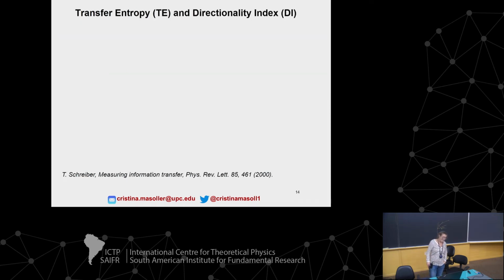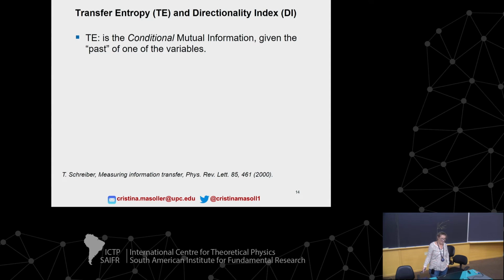The transfer entropy is a method related to Granger causality, but with a different idea: it is the conditional mutual information, assuming that we know the past of one of the two variables. I'm not giving you formulas, but I give you references where you can find them.